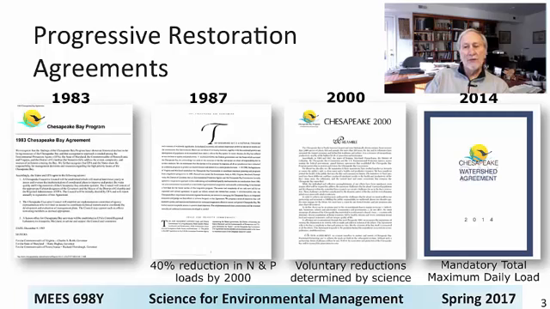The 2000 agreement also said that if we're not successful in reaching these objectives by the year 2010, the parties, the jurisdictions, the states, agreed to enter into what was called the total maximum daily load requirement under the Clean Water Act, in which these load reductions would not simply be voluntary, but would be a mandatory requirement of the states.